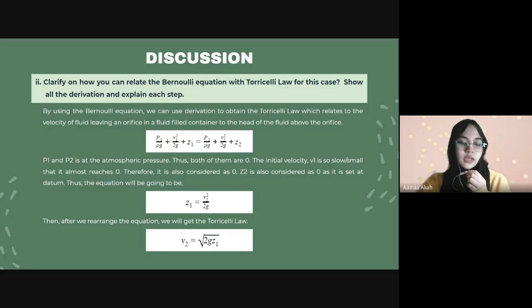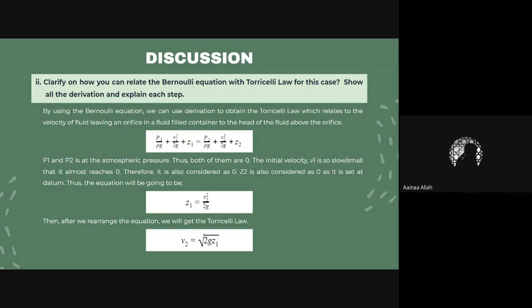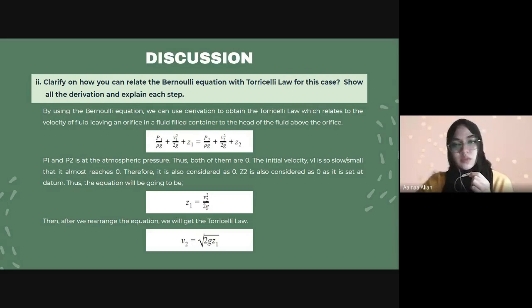This is the Bernoulli equation, which is P1 divided by rho g plus V1 squared divided by 2g plus Z1 equals P2 divided by rho g plus V2 squared divided by 2g plus Z2. P1 and P2 are at atmospheric pressure, thus both of them are zero.